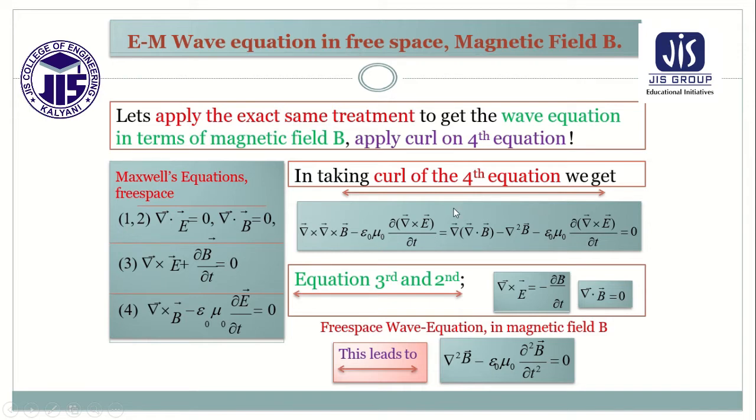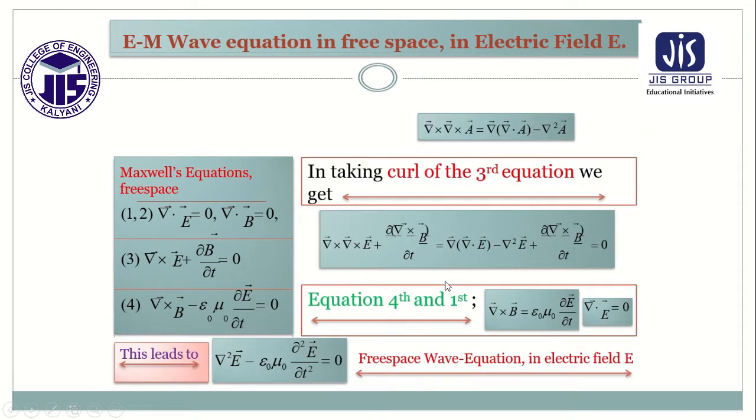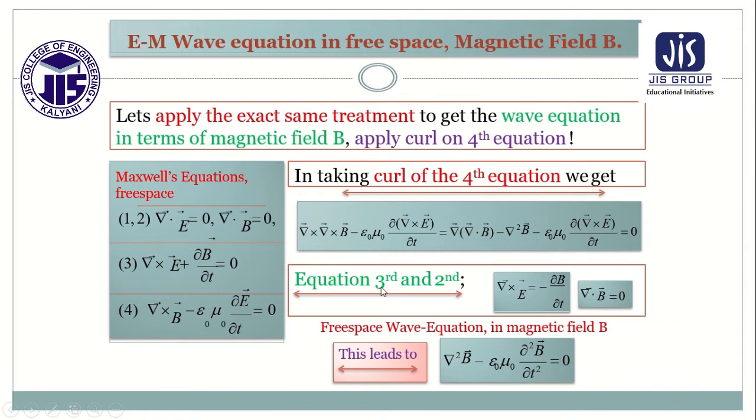In the previous slide we used the first and fourth equations, and here we are using the third and second equations, which are nabla cross E equal to minus del B by del T and nabla dot B equal to 0.